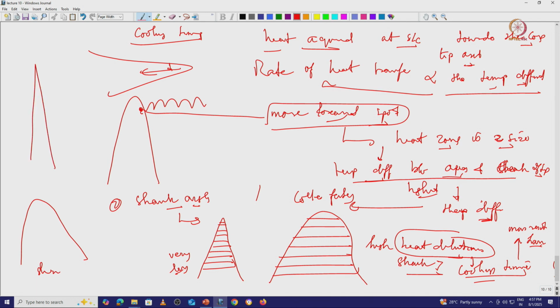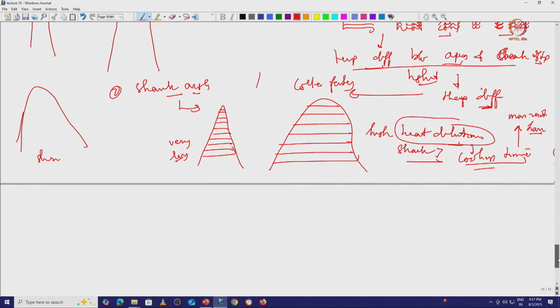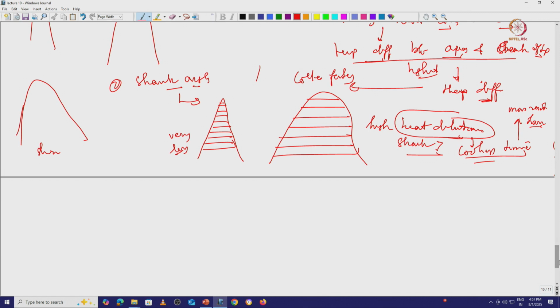Their heat dissipation will not be as much as you see for the thicker sample. So the cooling time is more important for determining the mass resolution in laser pulsing.